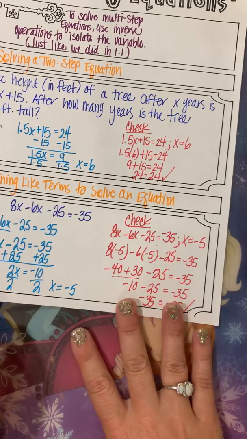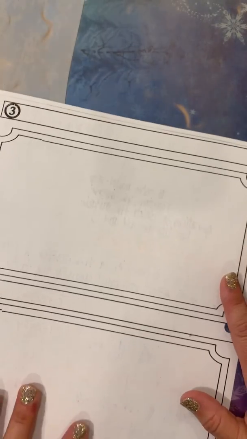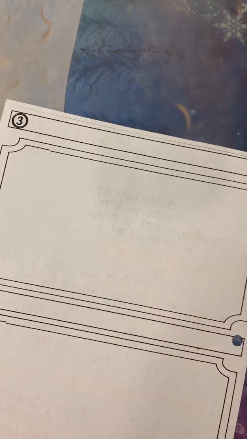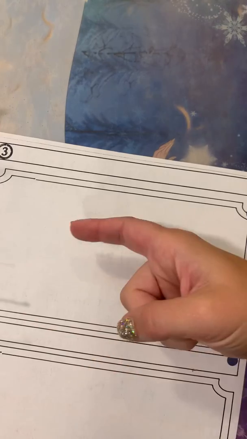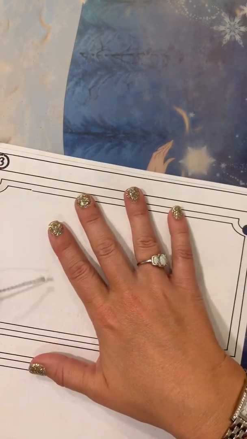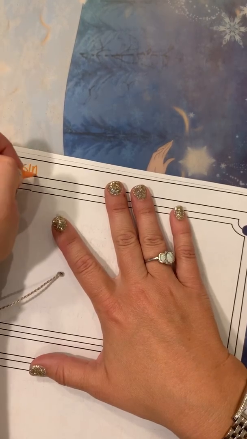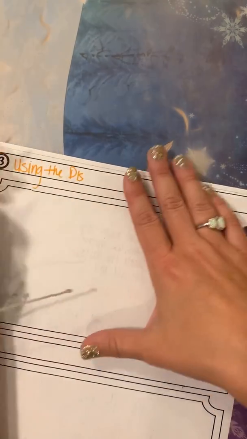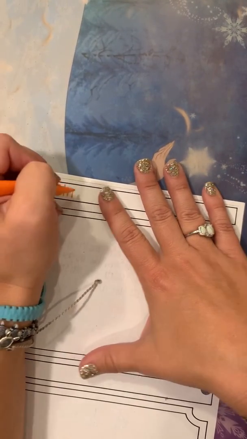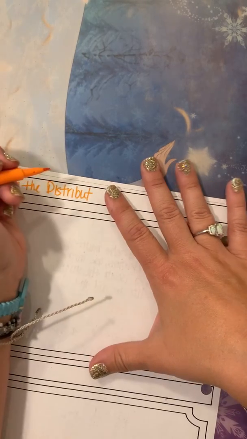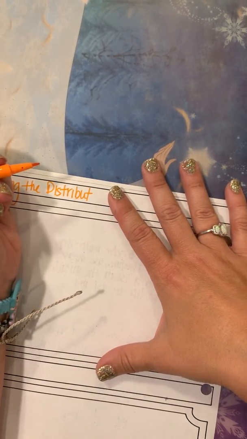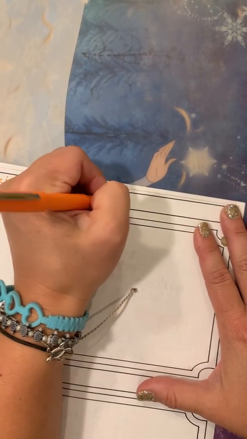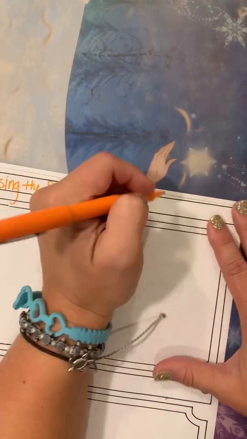All right, let's flip over to the back. So for example 3, another fun thing they're having us do. Again, they're adding an extra step in here. So now we're going to be using the distributive property to solve an equation.